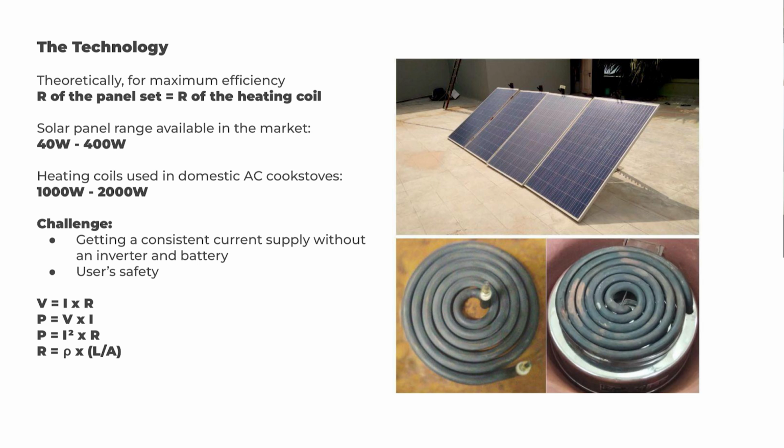Rho is a constant, the property of the element, nichrome. So the resistance is directly proportional to the total length of the coil, and inversely proportional to the cross section area. So by varying these two parameters, you can vary the resistance of the coil, and you can get your own resistance made.